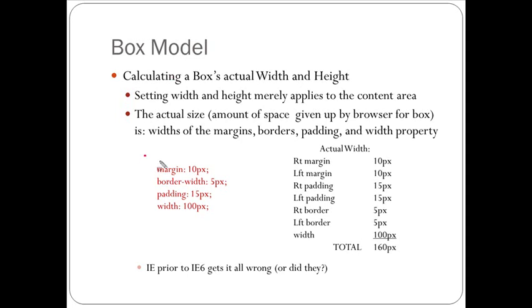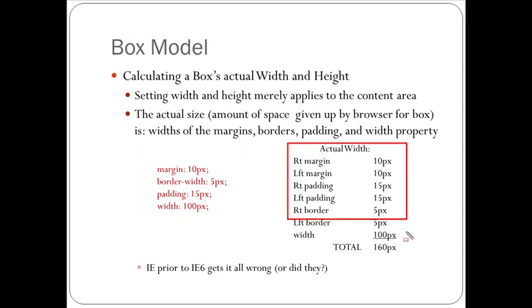So let's just look at an example here. Let's say we have an element style with a margin of 10 pixels all the way around. So that means right, left, top, and bottom. A border width of 5 pixels all the way around. Padding of 15 pixels all the way around. And a width of 100 pixels. Well, how wide is this box then?